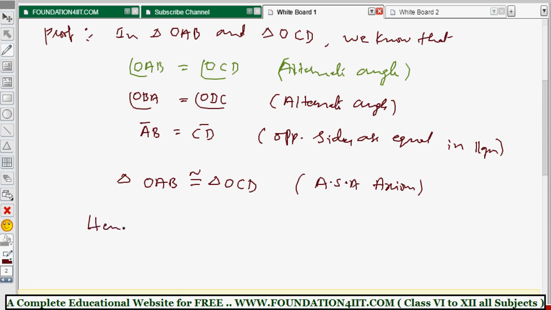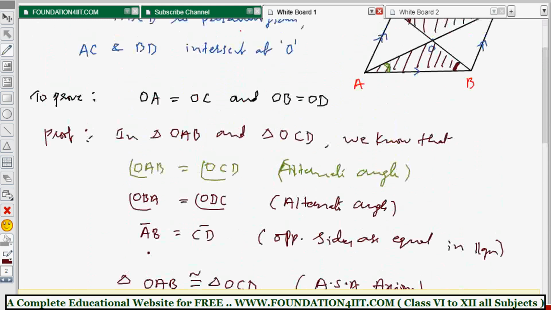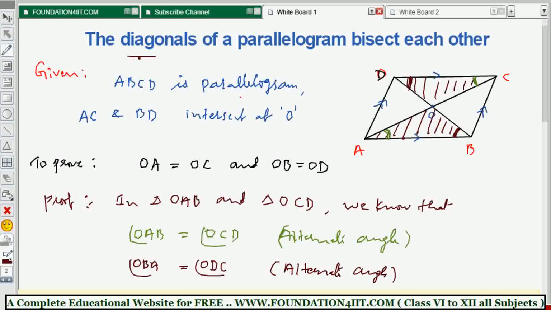Hence, by CPCT, corresponding parts of congruent triangles, we can say that OA is equal to OC and OB is equal to OD. Simple. Therefore the diagonals of a parallelogram bisect each other. And the theorem that if a pair of opposite sides of a quadrilateral are equal and parallel then it is a parallelogram, I'll explain now.